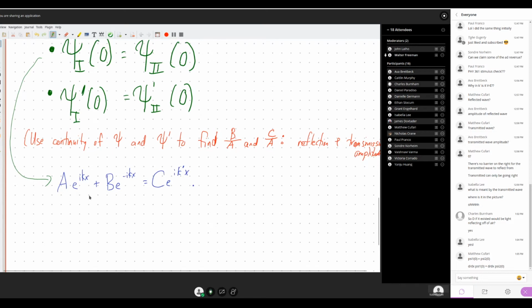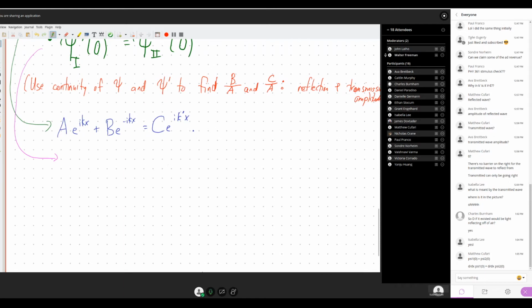So for my second equation, I get A ik e to the ikx minus, because I pulled down the minus sign here, B ik e to the minus ikx equals C ik prime e to the ik prime x.